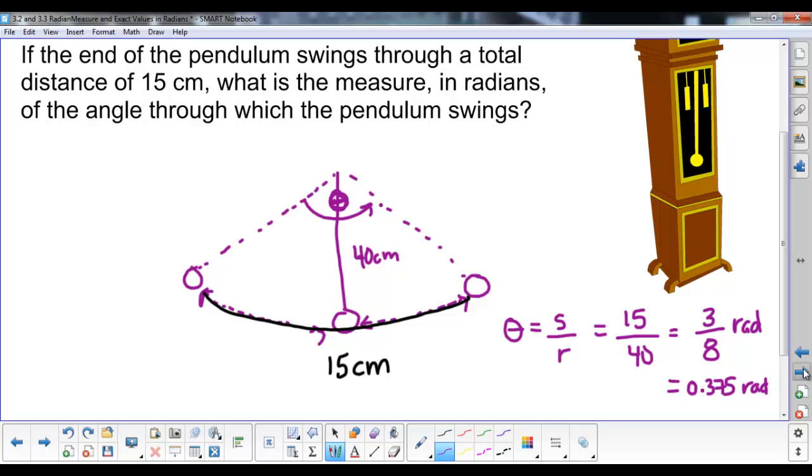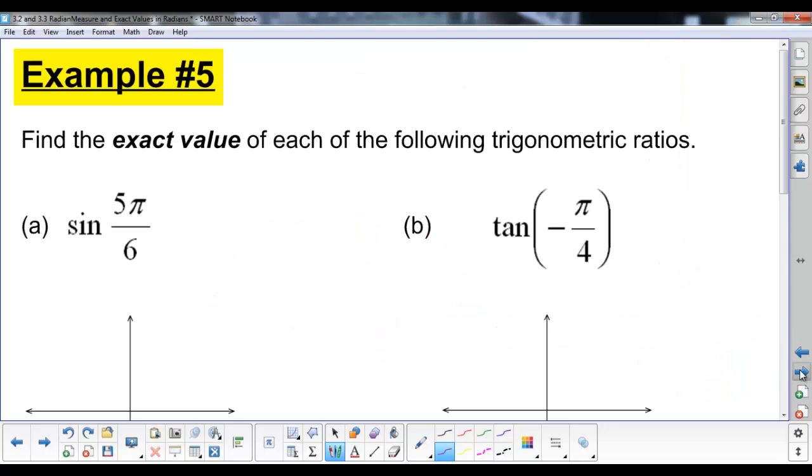Now we're moving on to the second part of the lesson, the 3.3 part of the lesson, which ties into what we did in yesterday's video. What we want to do now is find the exact value of these trig ratios. Yesterday we were given this theta here as a degree measure. Here we're given radians.